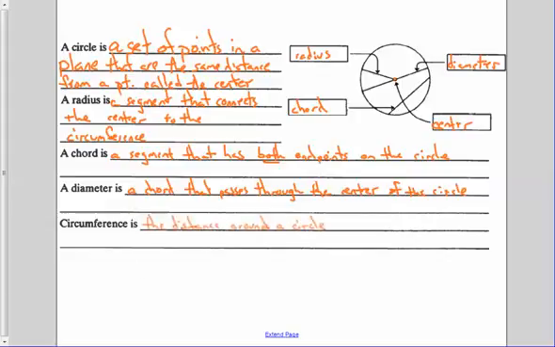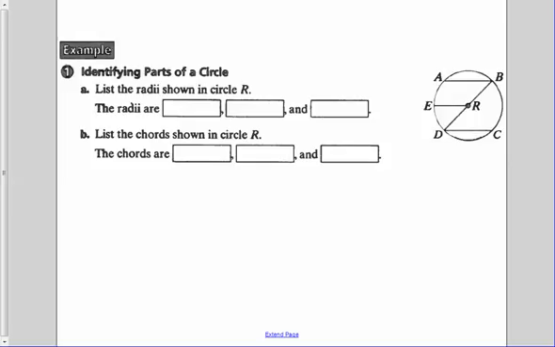So let's take a look at some labeling again. The radii are shown in circle R, and we're calling this circle R because the center is point R. So the radii, we could say, are ER, and we put a line over it, and then we have another radius, DR, where we go from D to R, to our center.